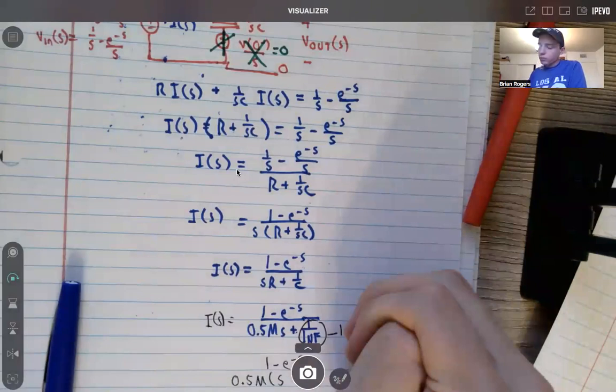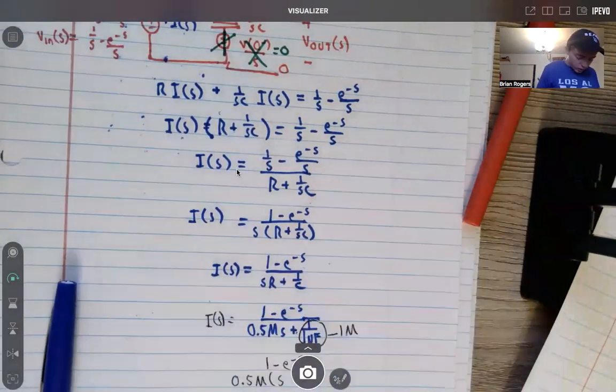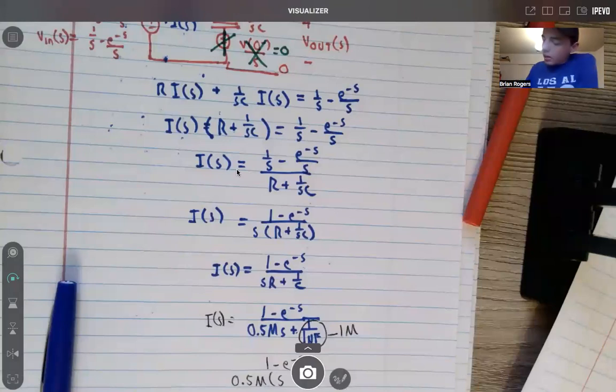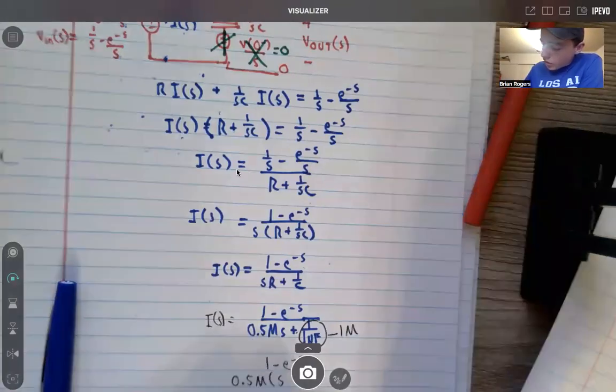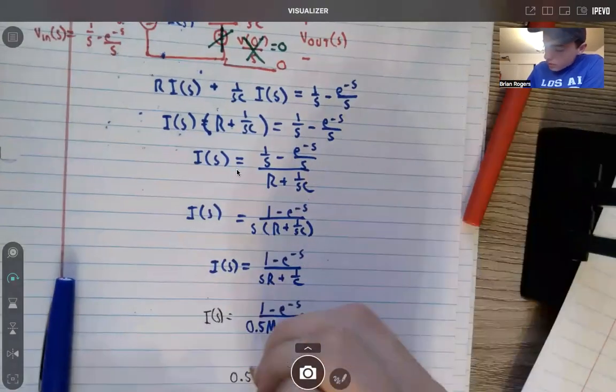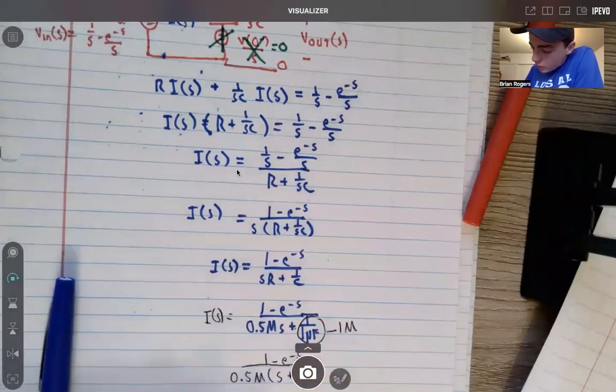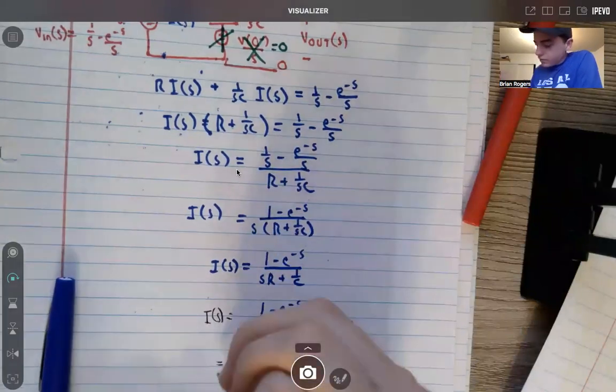So 1 mega ohm divided by 0.5 mega ohms, I got 2 basically. So you're going to have s plus 2 down here. Okay, so now we've got it written like this for I of s.